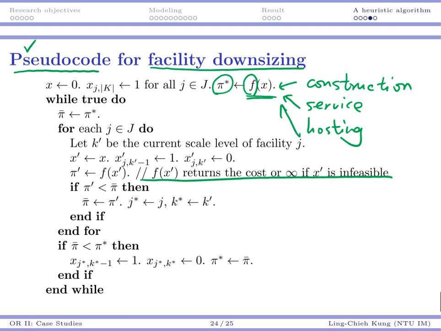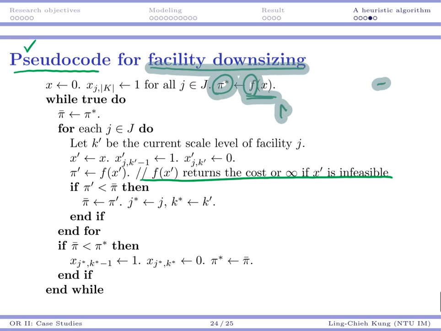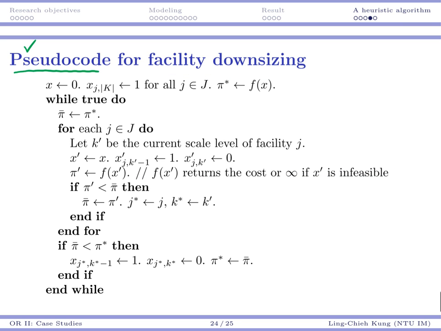And f is estimated or implemented according to the idea we used in the previous page, okay? So that's something to do the evaluation. Let's assume this function has been built, and then let's move on. So we will keep iterating until we cannot do improvement anymore. So let's see how to do that.